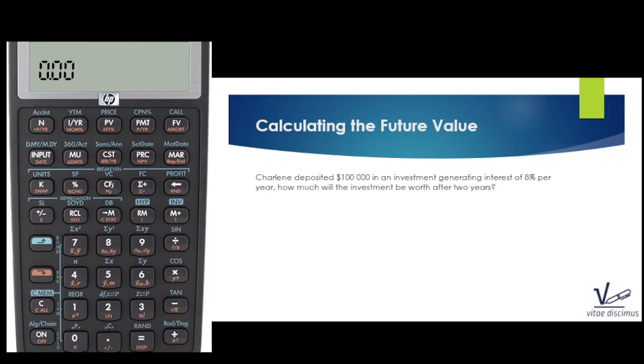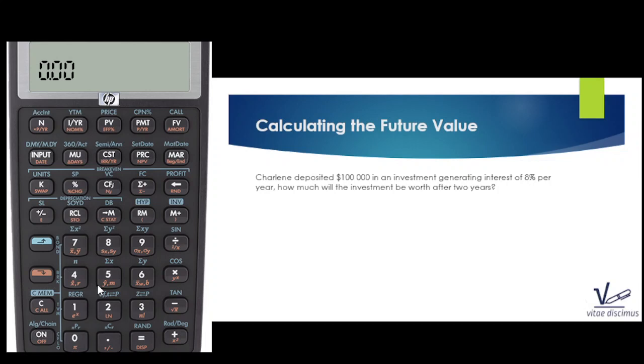To apply the principles of time value of money in determining a future value, we are going to look at a question whereby Charlene deposited $100,000 in an investment generating interest of 8% per year. How much would the investment be worth after 2 years?